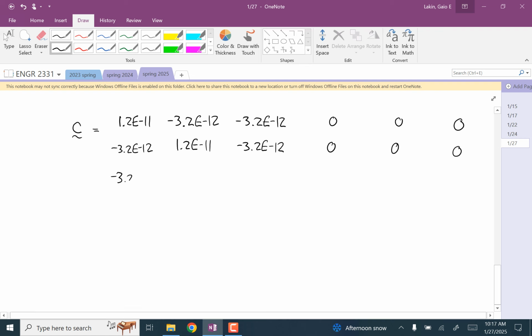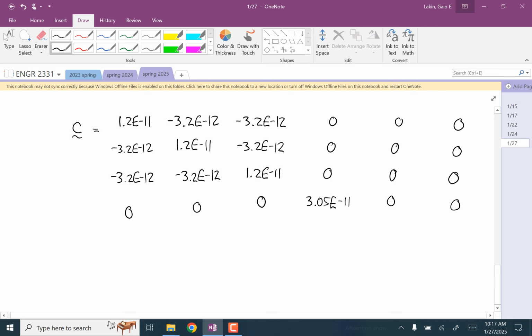Then negative 3.2 E minus 12, negative 3.2 E minus 12, 1.2 E minus 11, 0, 0, 0. Then 0, 0, 0, 3.05 E minus 11, 0, 0.